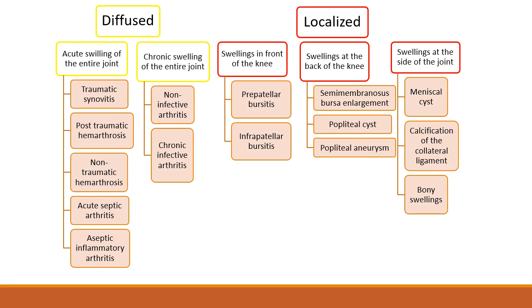The localized swelling could be localized to the front of the knee as a bursa, prepatellar bursitis or infrapatellar bursitis. It could be localized to the back of the knee as a popliteal cyst, a Baker's cyst, a popliteal aneurysm, or it could be at the side of the joint like a meniscal cyst or a calcific ligament or bony swelling.